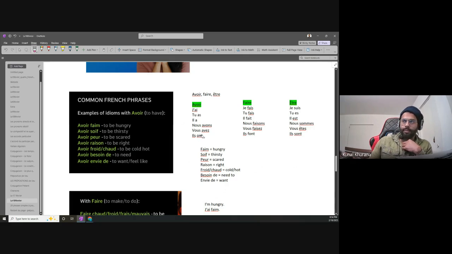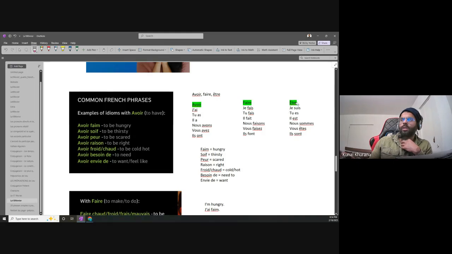Donc la différence entre avoir et être à la troisième personne du pluriel, c'est que dans avoir, on ne prononce pas le S. On prononce pareil. The pronunciation is the same, but we don't put an S in avoir. Mais être, on écrit avec S: ils sont.